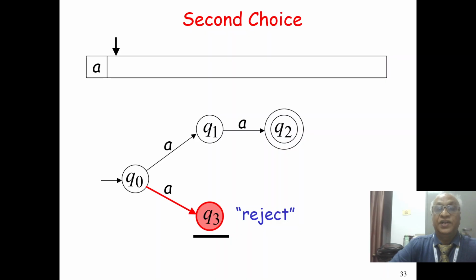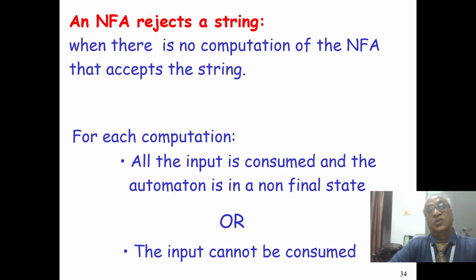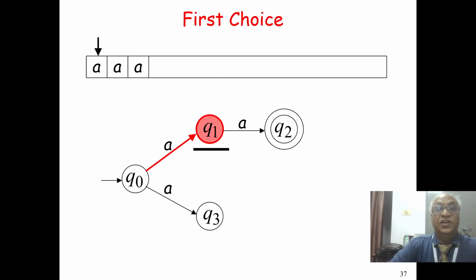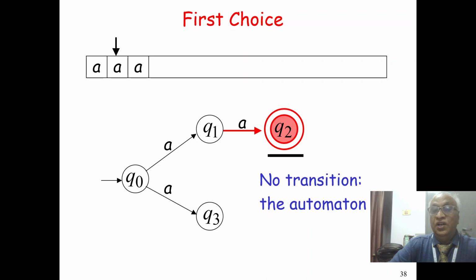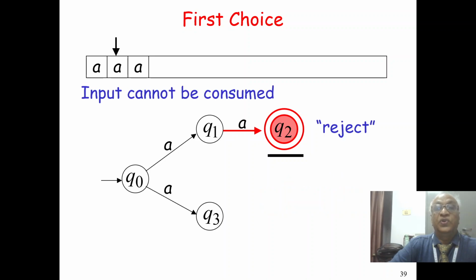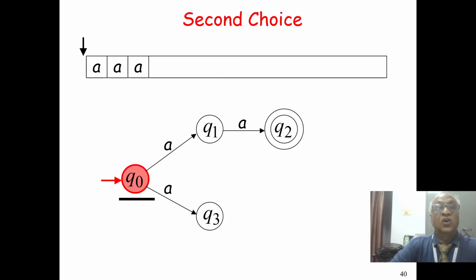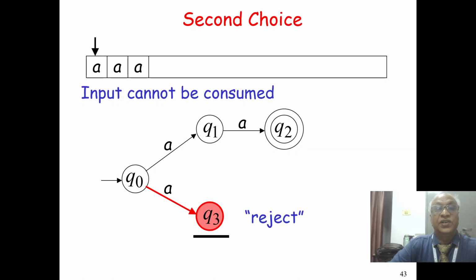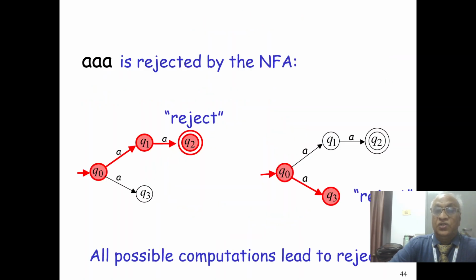Here A, rejected. A is rejected. So automata hangs on, rejected. Input cannot be consumed, rejected. No transition, rejected. So all possible combinations lead to rejection.